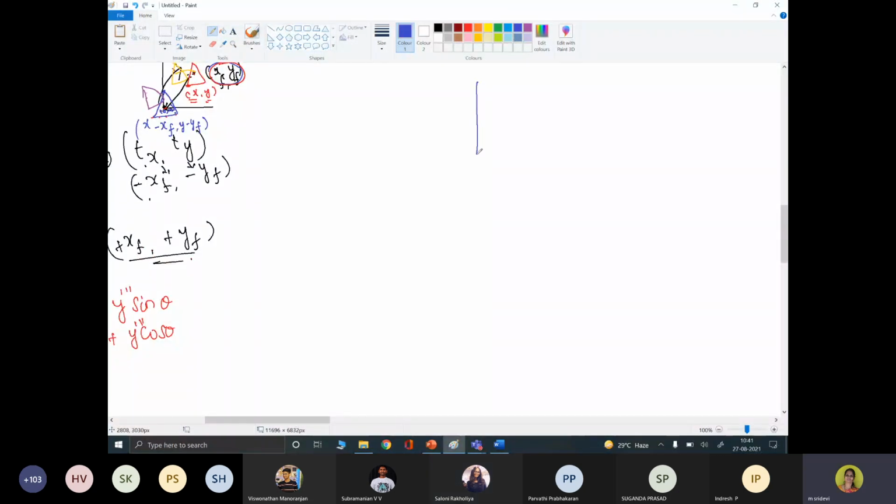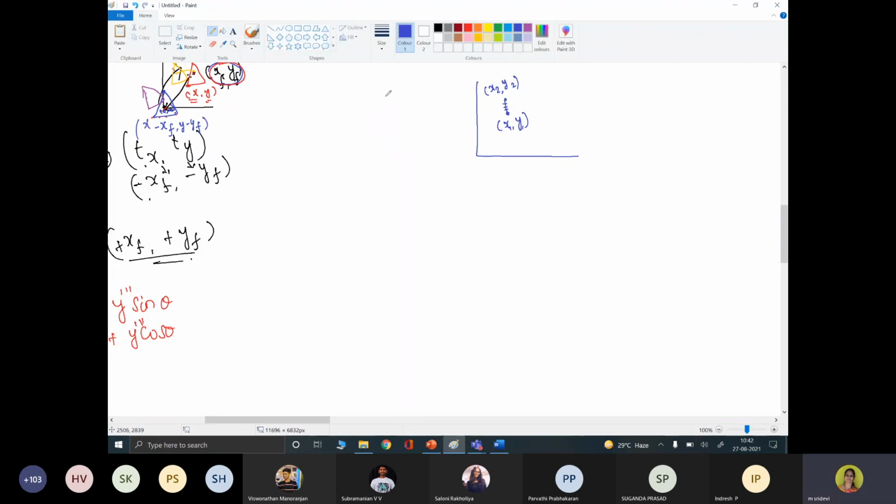The problem here is you are given a single point. Instead of talking about an object, I am taking a single point. You are given a point xy, and you need to rotate it. For a single point, you cannot understand how the rotation works, so let us take a line. Two endpoints and you have intermediate pixels on this line.